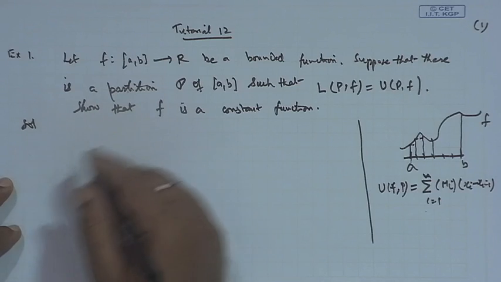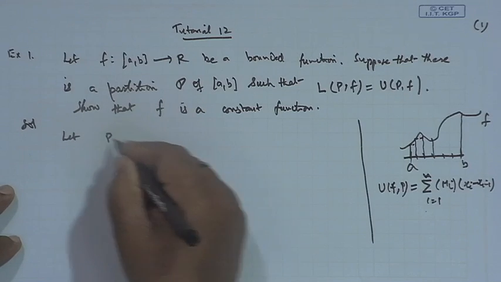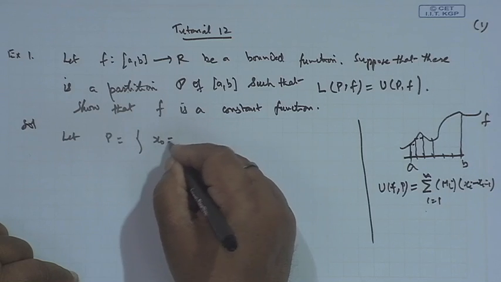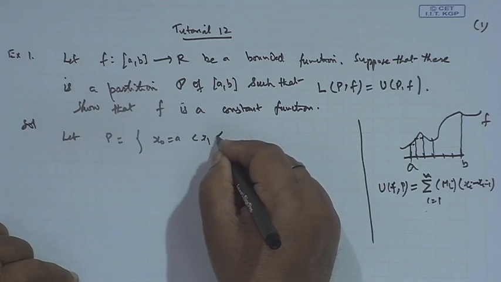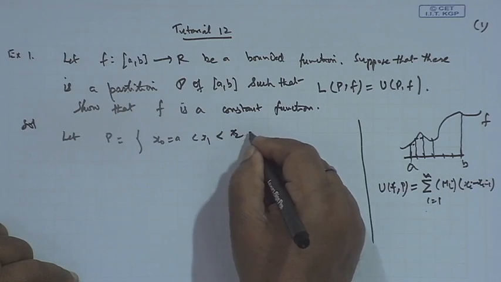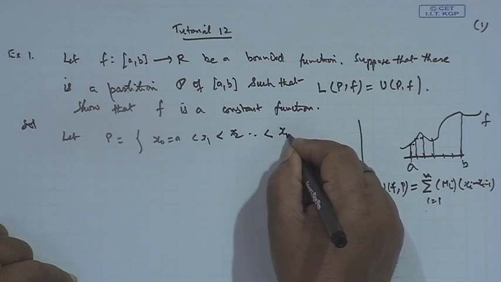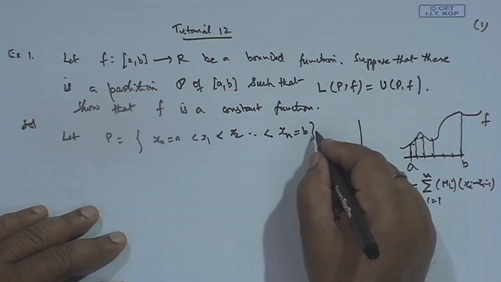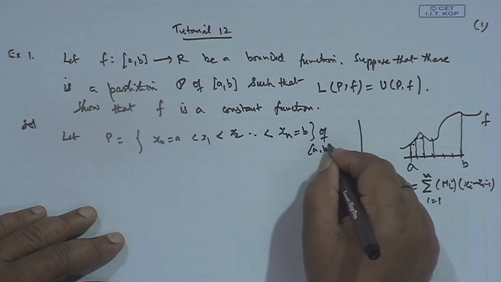So, let P be the given partition, x_0 which is equal to a, less than x_1, less than x_2, less than x_n which is b. This is a partition of the interval [a, b].